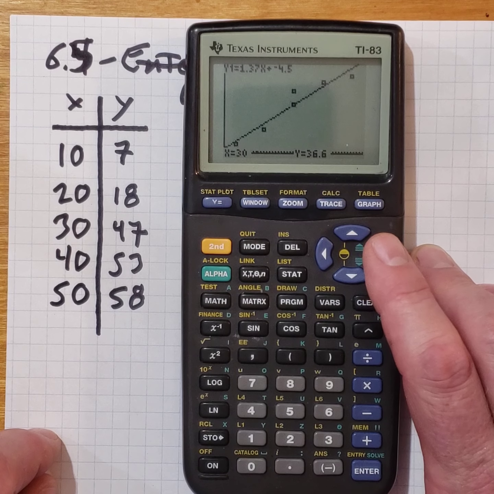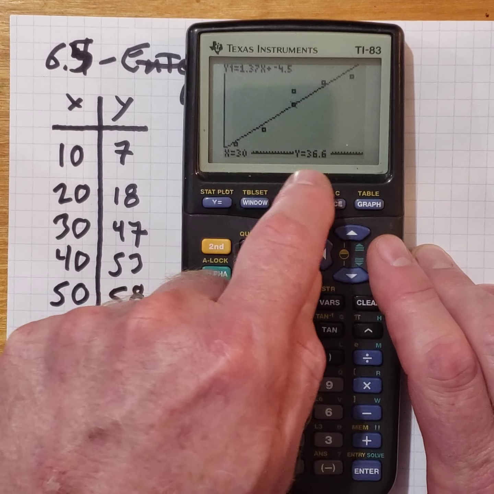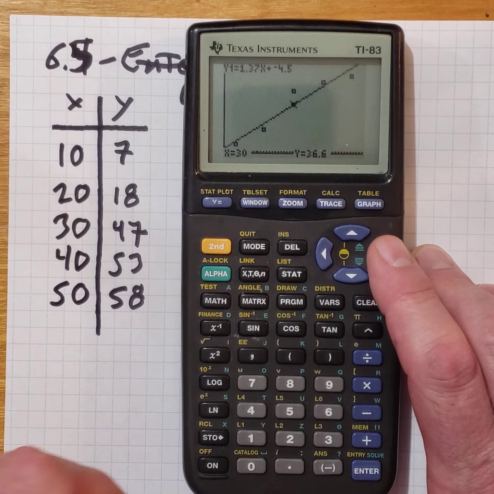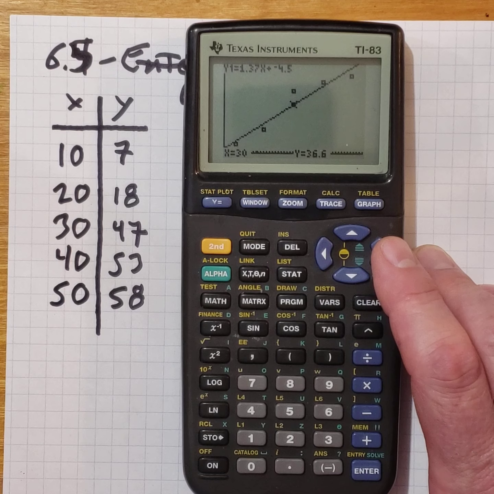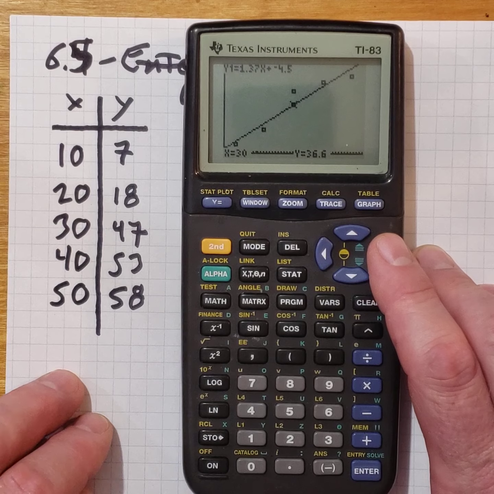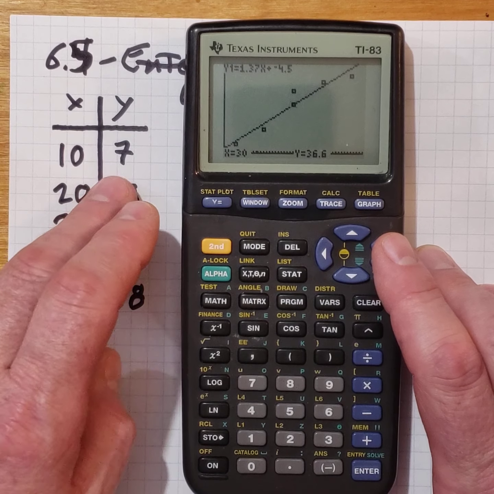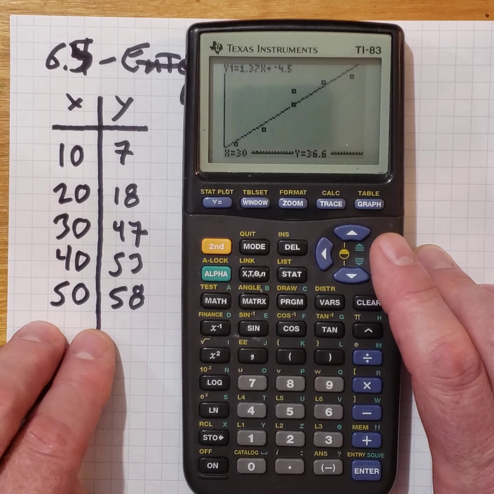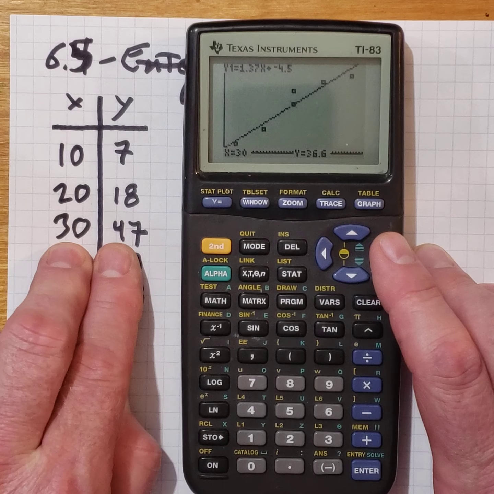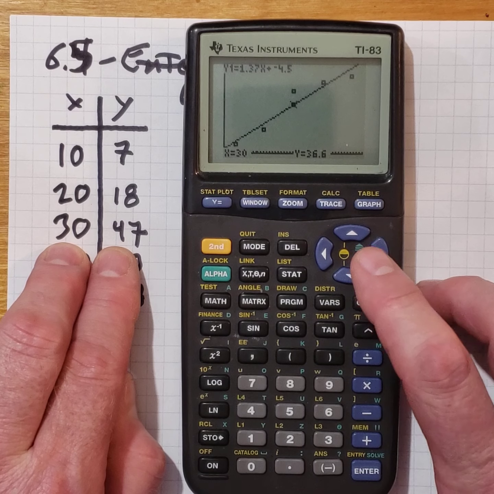So if I hit my down arrow there, I'm looking at a point on the line and it's saying 30, 36.6. Meaning, if this was a perfect linear correlation between these two data sets, right? If it was the same as legs and eyes or whatever, something that worked perfectly, then this would be 30, 36, not 30 and 47.